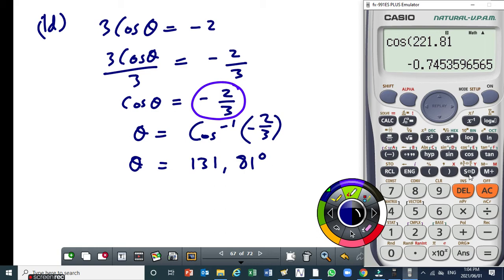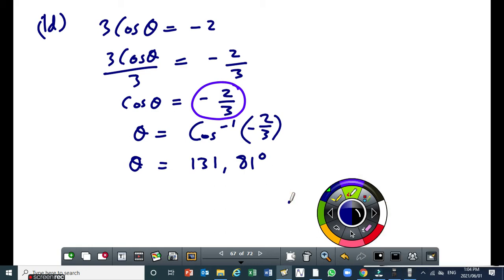Alright, if you want to get that angle, what you do is you just have to subtract this angle here from 360 degrees. You subtract this angle from 360 degrees. So the other angle will be theta equal to 360 degrees minus 131.81.